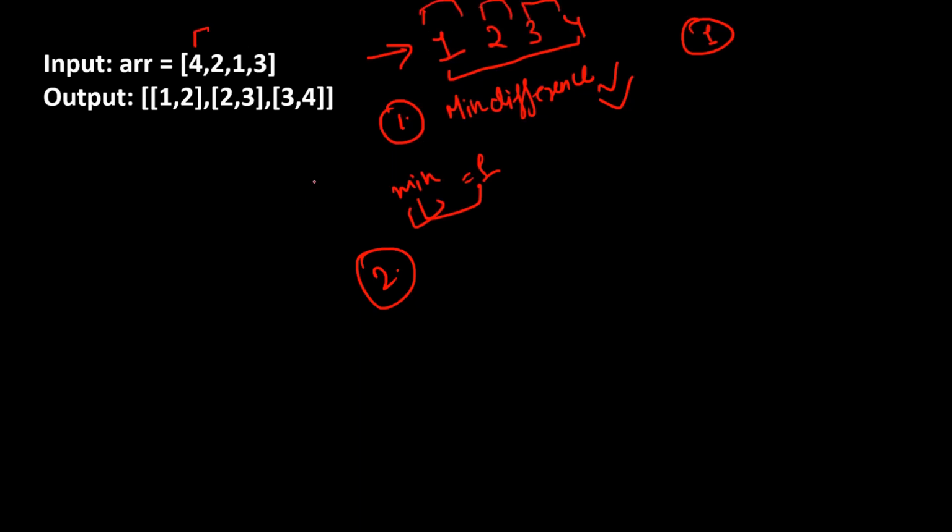If the difference of a pair is equal to the min value that we have got, we have to take this pair. Basically we'll be taking a list of lists, and to this we are going to add this particular pair. I hope the logic is clear to you because the problem is pretty simple. So let's move to the code part now.